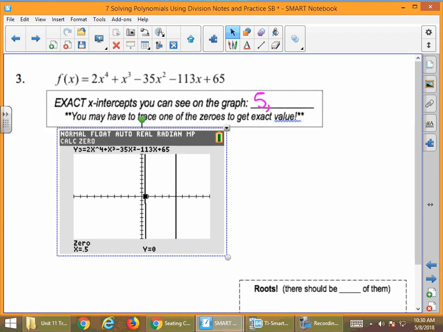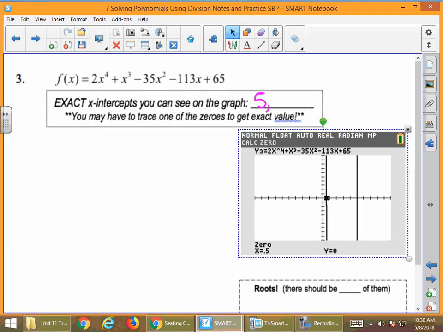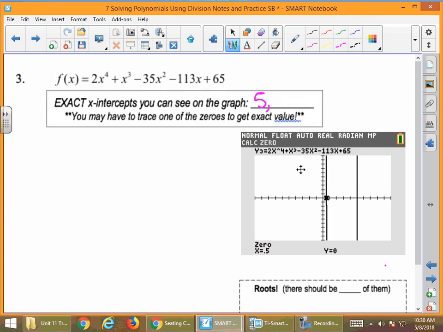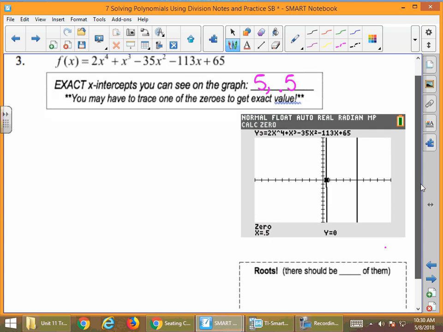And some of you may need some help with your calculator at some point in a little while here. But our other root then on this particular problem is the 0.5. So finding the roots sometimes is a little bit harder, but how many roots are we looking for in this problem?